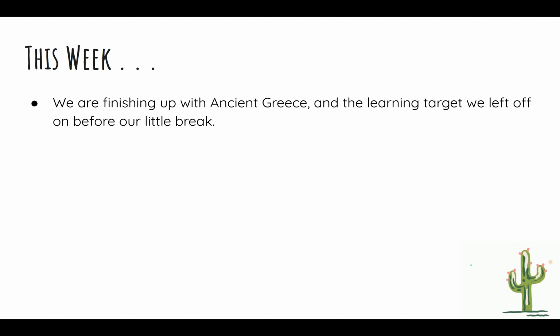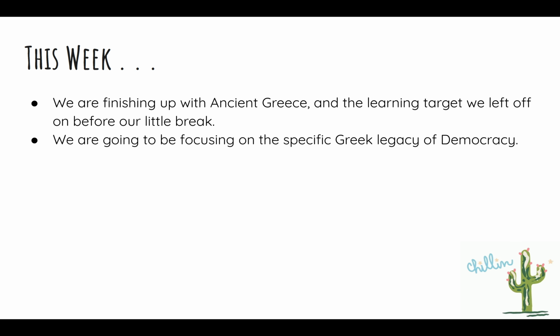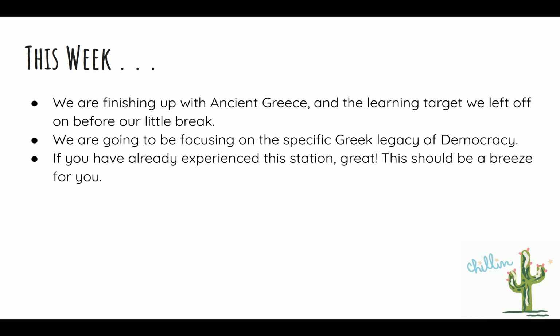We are solely going to focus on ancient Greece, specifically the Greek legacy of democracy. We can't do our stations anymore, unfortunately, so we're just going to focus on one legacy, and that's going to be democracy.